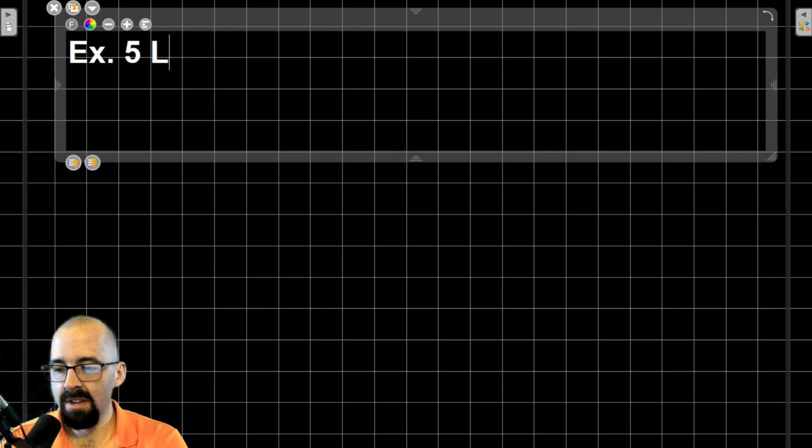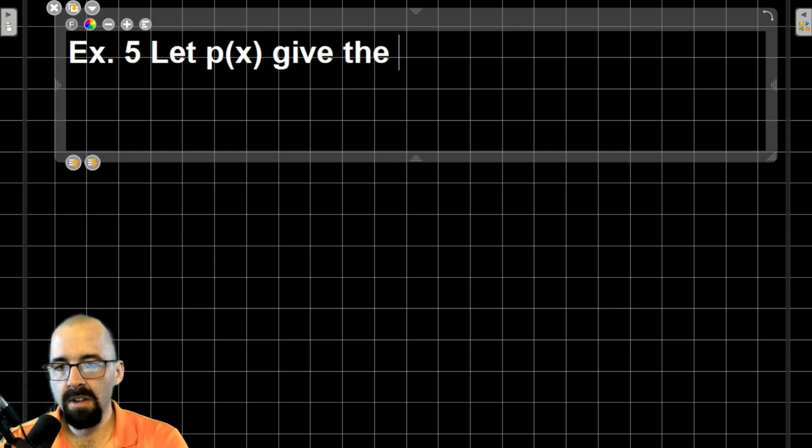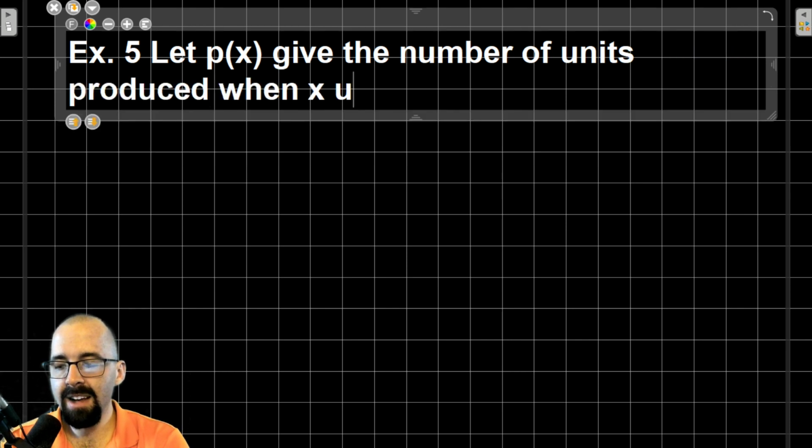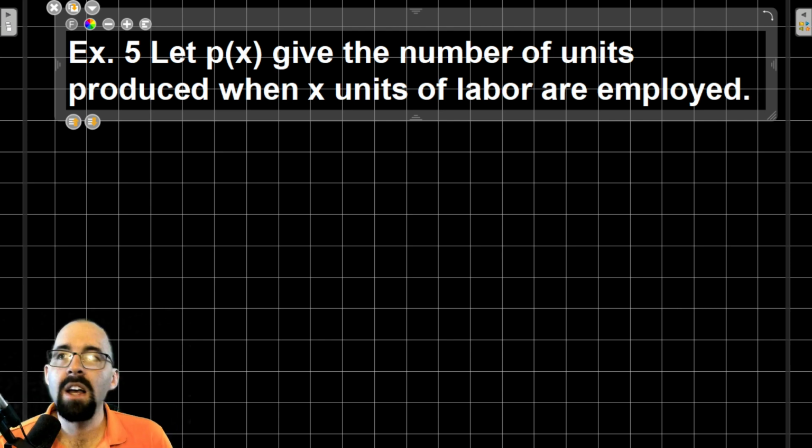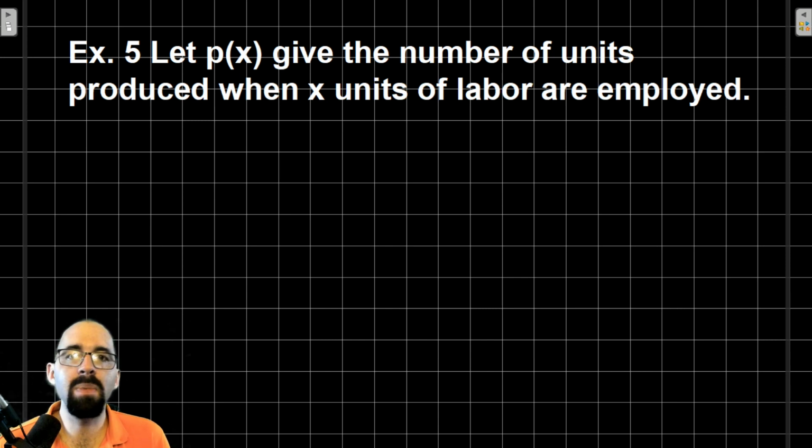So, example 5. Let P of X give the number of units produced when X units of labor are employed. Maybe X is hours, maybe that's X people working full time, maybe whatever.